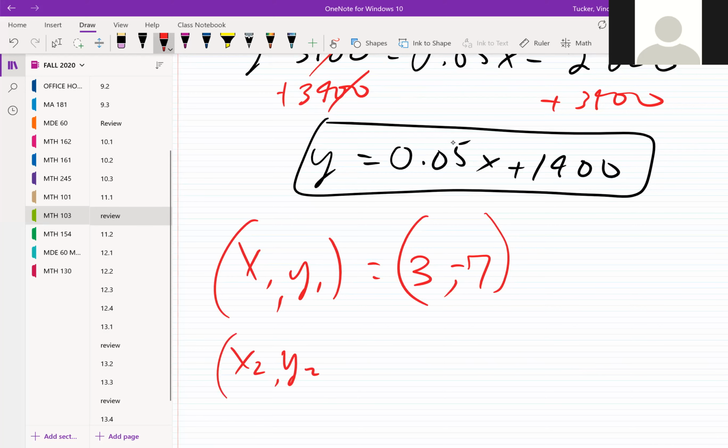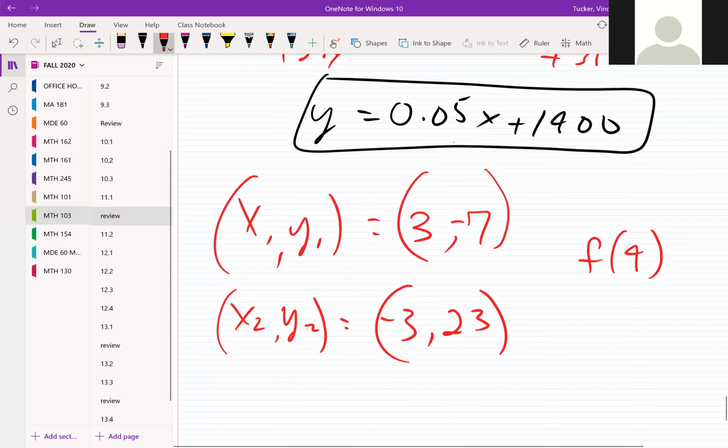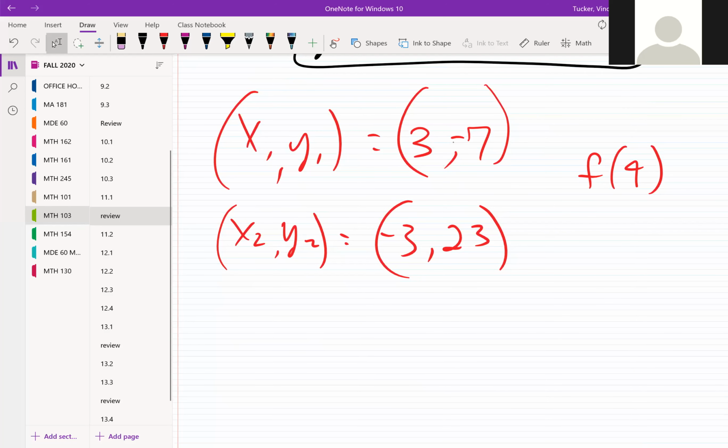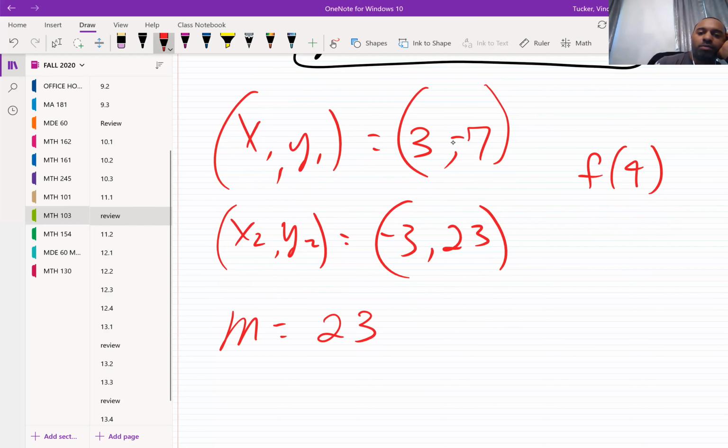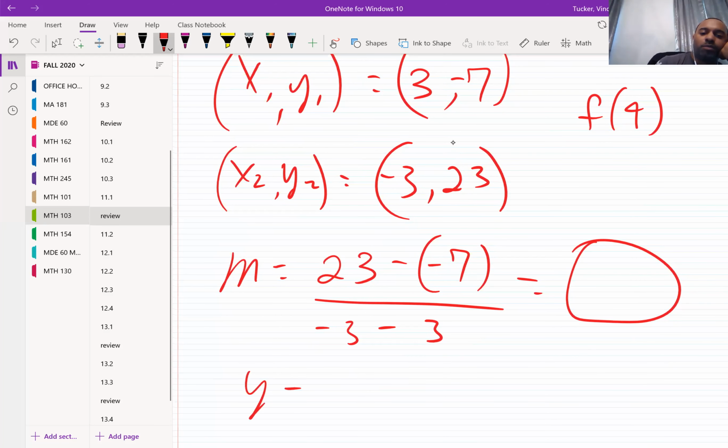And it says find F4 equals, and then it's blank. Right. So you're going to handle this the same way you would handle that other one. You find your slope first, and you're talking about 23 minus -7, and then -3 minus 3.